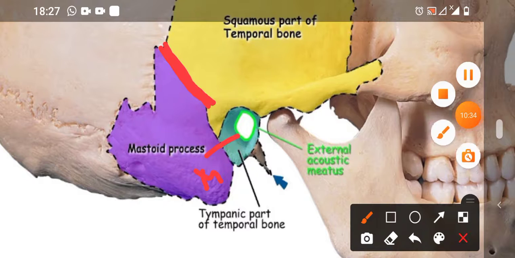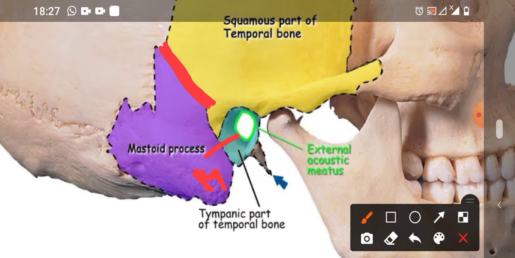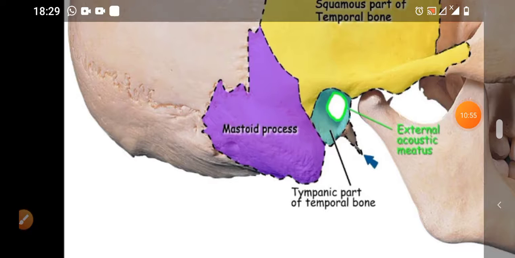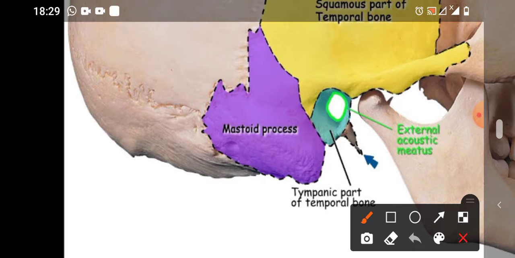So let's discuss the mastoid part of the temporal bone. This is the mastoid part, and here a suture is present. This suture is the squamomastoid suture, and it is a rough surface for the attachment of muscles. The mastoid process of the temporal bone is articulating posteriorly with the occipital bone through the occipitomastoid suture, and this is the parietal bone, this is the occipital bone.